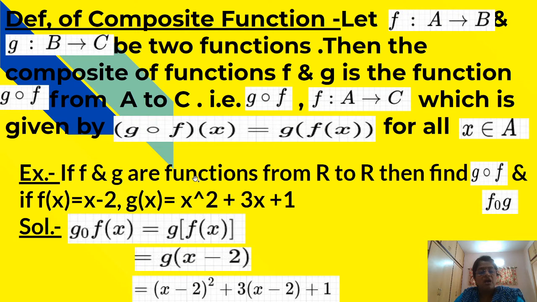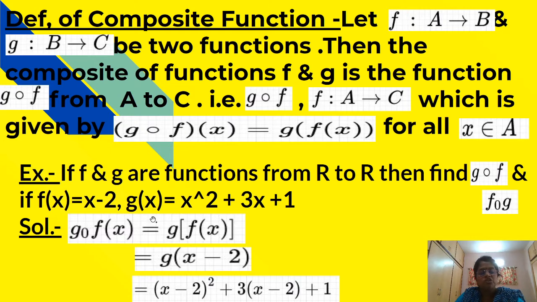Now see the example for composite function. If f and g are functions from R to R, then find g composition f and f composition g, if f of x is equal to x minus 2 and g of x is equal to x square plus 3x plus 1. First we will find g composition f. Now g composition f of x is equal to g of f of x. We know that f of x is x minus 2 and therefore g of x minus 2.